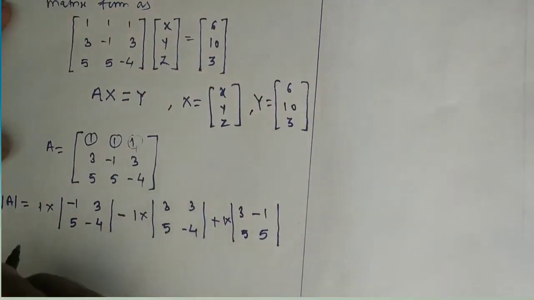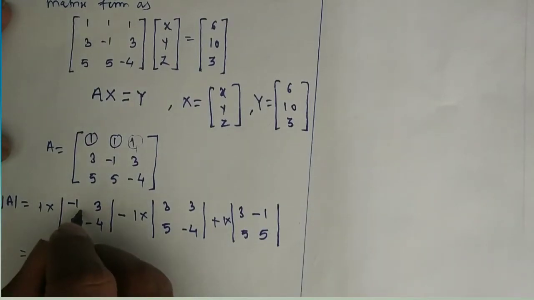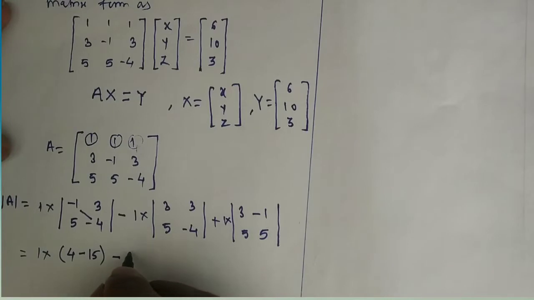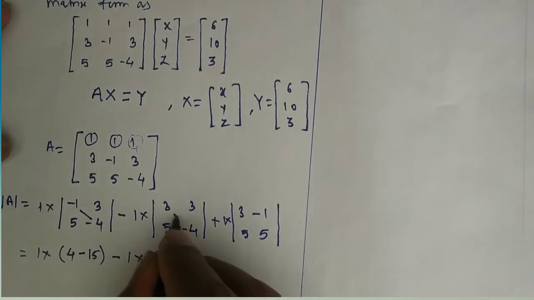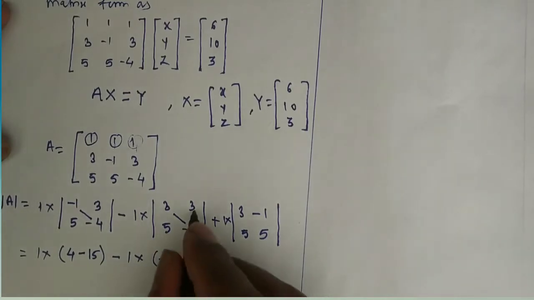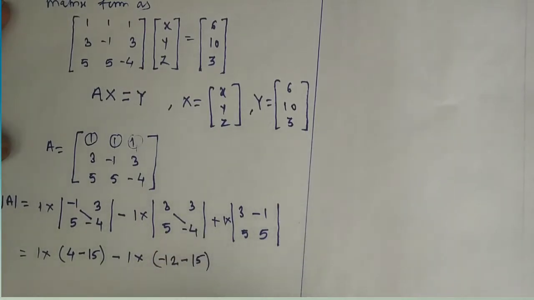Now evaluate this. You will get this is equal to 1 into, minus 1 into minus 4, which is 4, minus 5 3s are 15, minus 1 into 3 into minus 4, 3 4s are 12, so we write minus 12 because of the minus sign, minus 5 3s are 15.